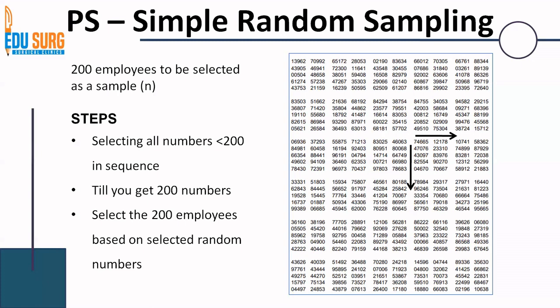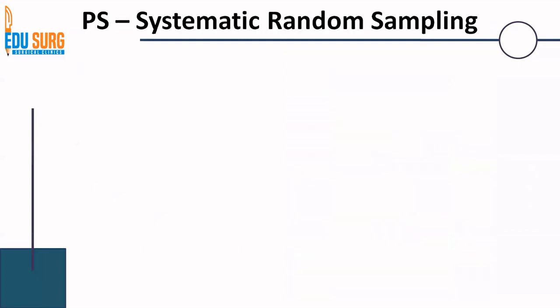Now I can decide whether I want to use the first two or the last two digits. Say we are using the first two and going vertically down. So your selected random numbers will be 13, 43, 61, 83, 36, 19, 82, 56, 84, and so on till you select 200 numbers. So this is simple random sampling.